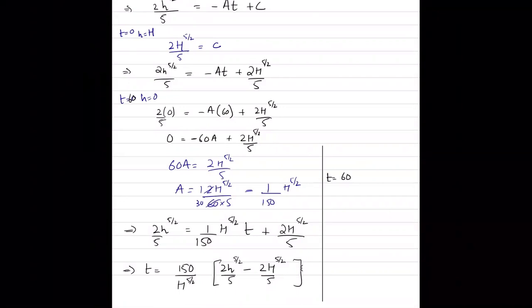So 60 over h to the power of 5 upon 2 minus capital H to the power of 5 upon 2.